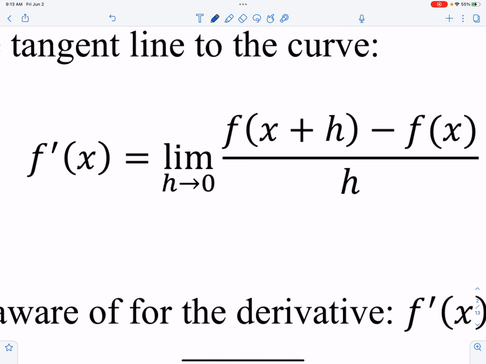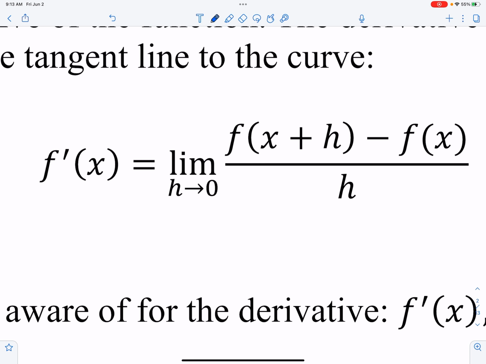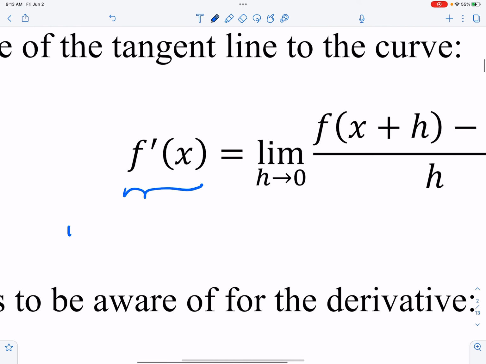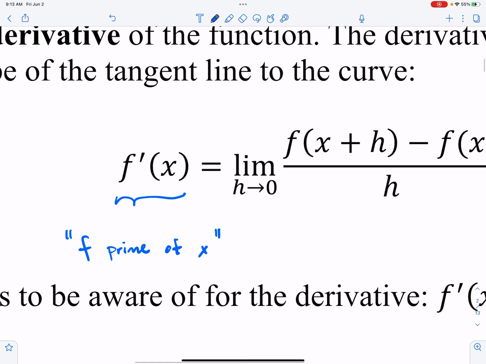The notation for the derivative is this. Well, this is one of the notations. And we read that notation as f prime of x. So this is like the function notation for a derivative.